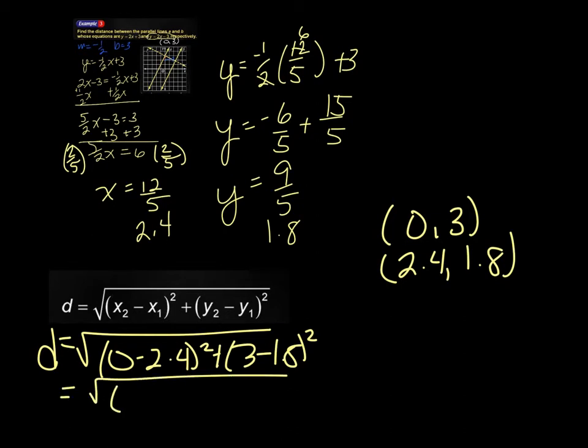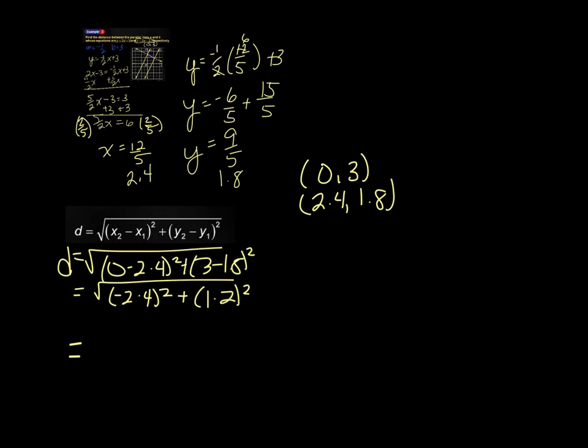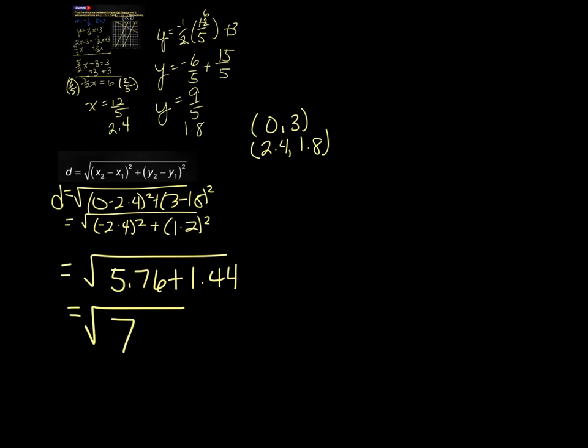So that's going to be negative 2.4, but we don't care because we're squaring it, and 1.2. Using my handy dandy calculator, I get 5.76 plus 1.44, and again using the calculator, the square root of 7.2 is about 2.68, rounding to the nearest hundredths place.